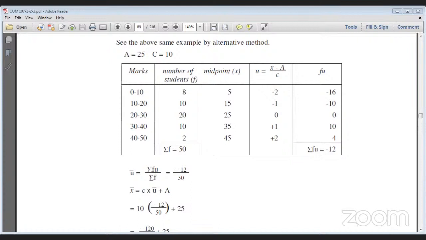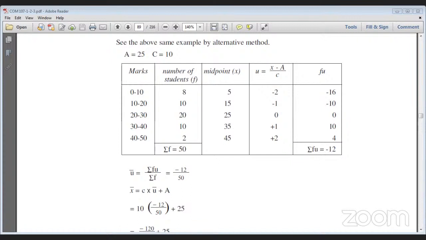And now coefficient of quartile deviation (Q3 minus Q1) upon (Q3 plus Q1) is equal to 19.17 divided by 50.25 will be 0.3815.